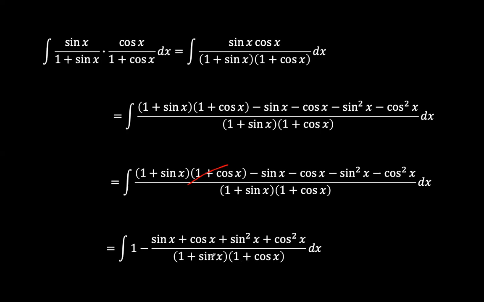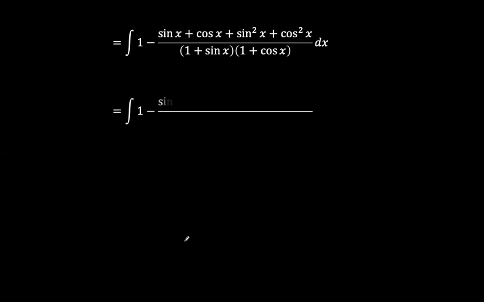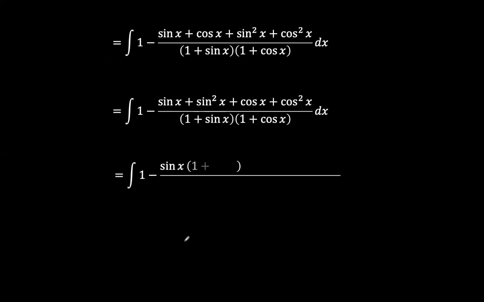Now we can collect like terms together, sine x and sine squared x, and factorize, and then one of the items in the denominator can go away.